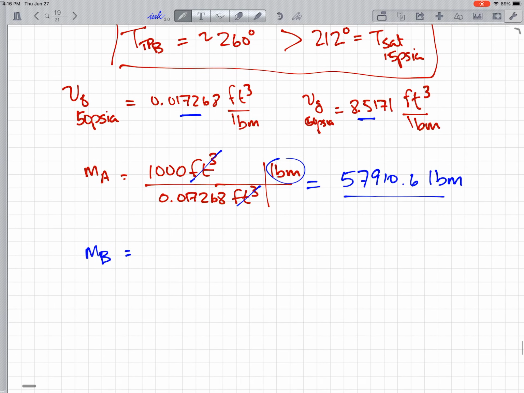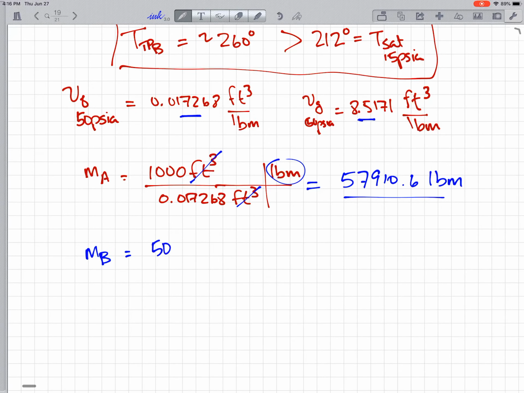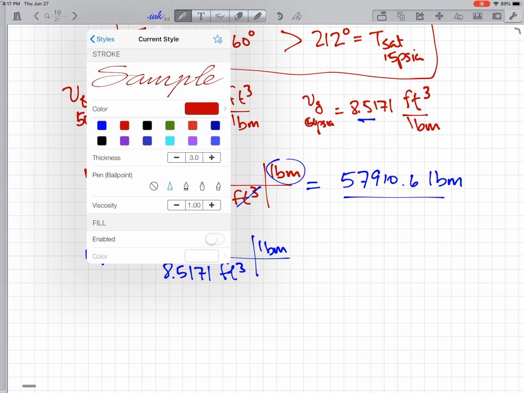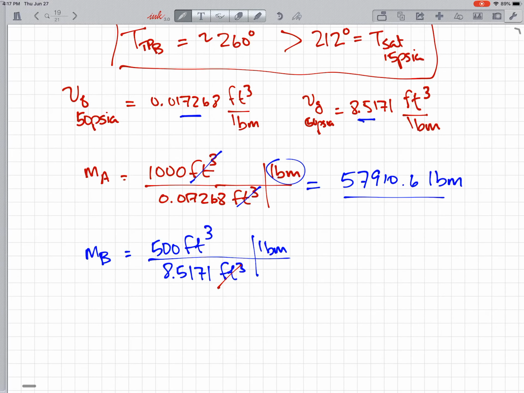So since we have 500 cubic feet, divide that by 8.5171 cubic feet per pound mass. The cubic feet cancel out, and I come out with pounds mass.